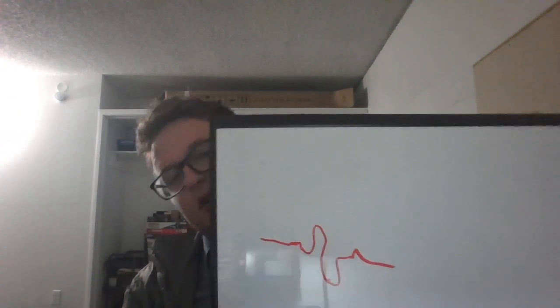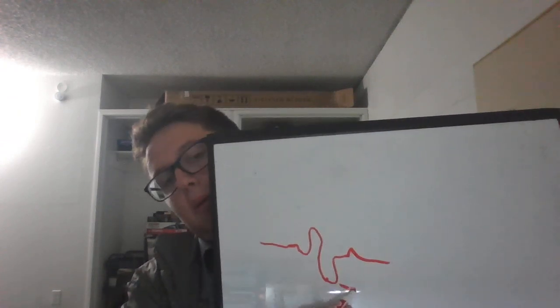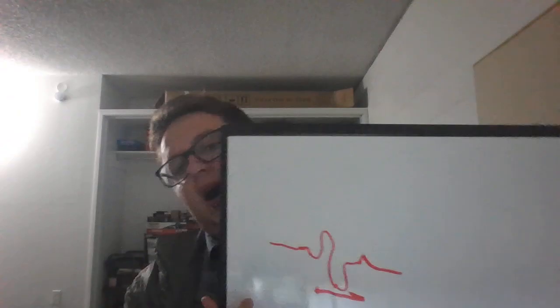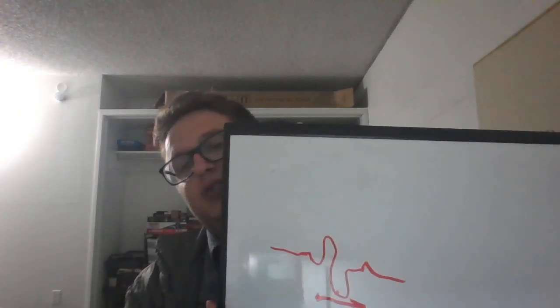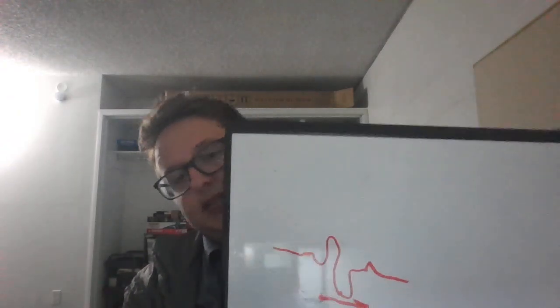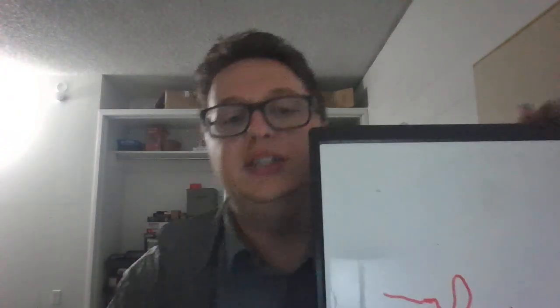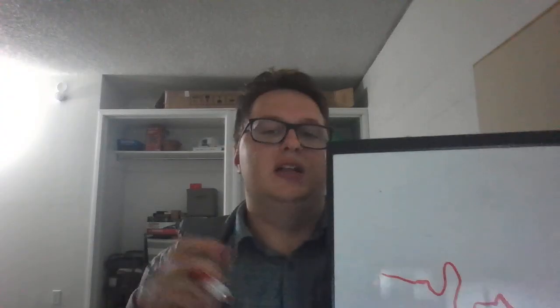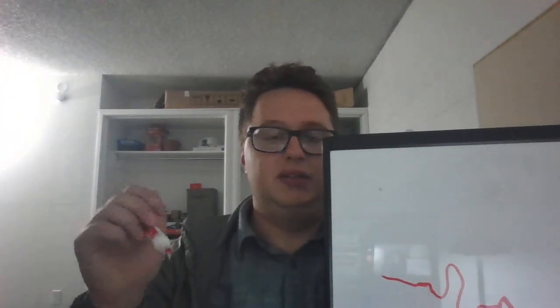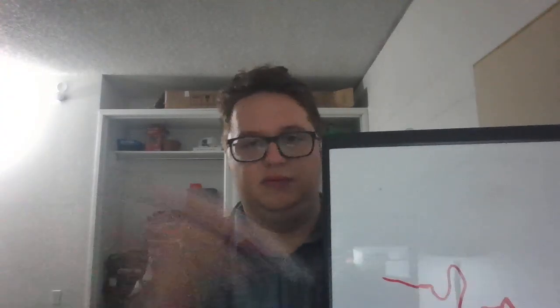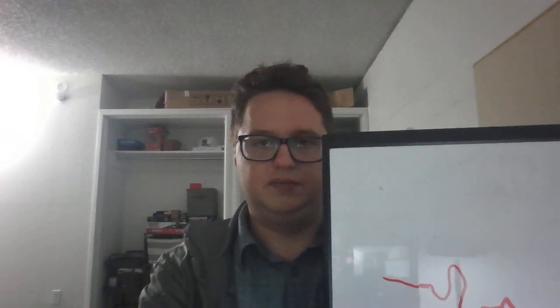And the QRS complex is the ventricular depolarization, and the T wave is the ventricular repolarization. The ECG is a measurement of the electrical events that we just talked about from the SA node.